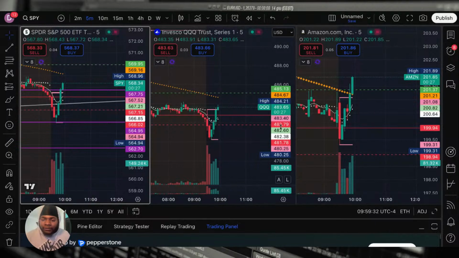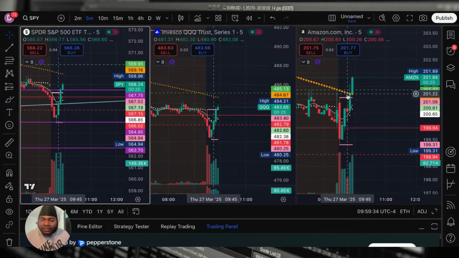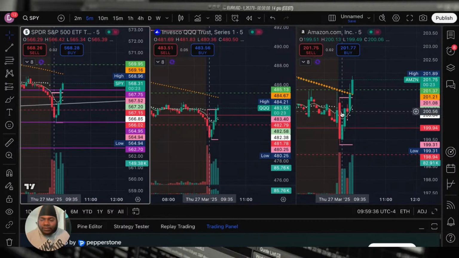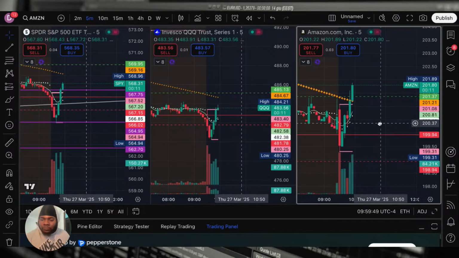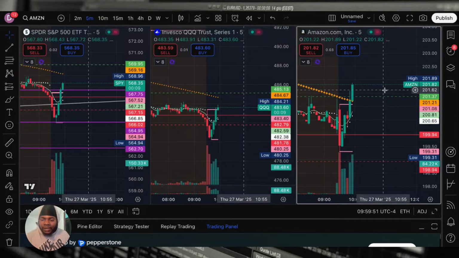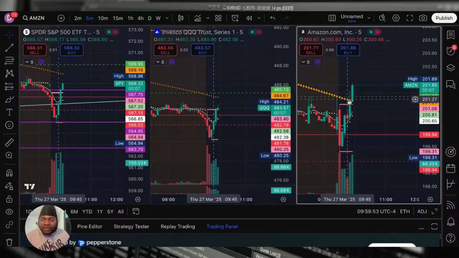We got the bounce right off the 200 moving average right here. 16%. Back up 16%. We'll let it ride. Stop loss this 200 moving average if we come back down.